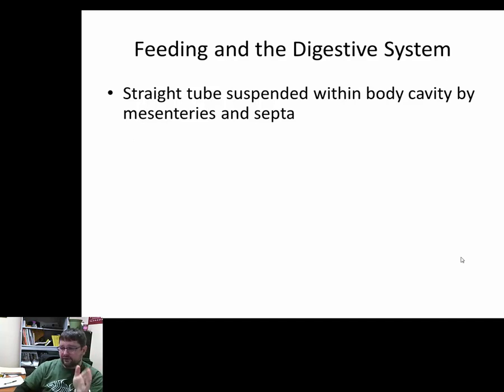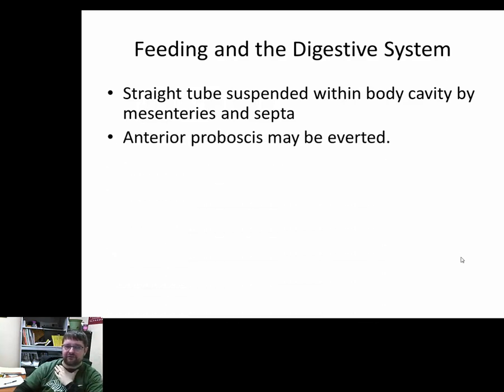So there is a straight tube going from the mouth to the anus, but with it you get this diversification of body parts. The proboscis itself can be used as a feeding projection, so it can be extended, it can be inverted. There's lots of situations, it just depends on the organism.